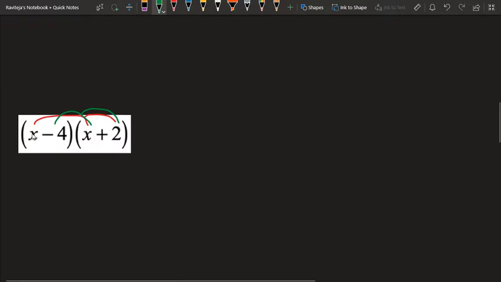Remember how I said we want to distribute this x to both the x and 2. So we just do x times x, which is x squared. Then x times 2, which is plus 2x. Now that we distributed the first term of the first polynomial to both of these terms, we move on to the next term, which is negative 4.